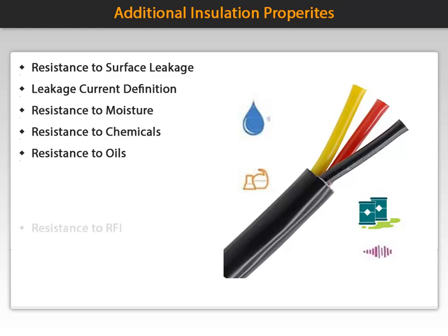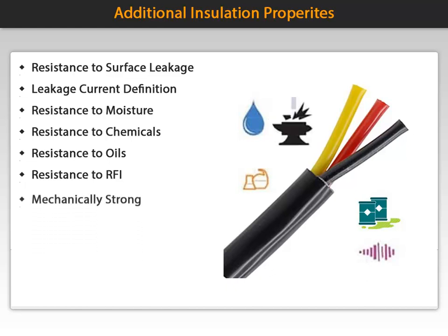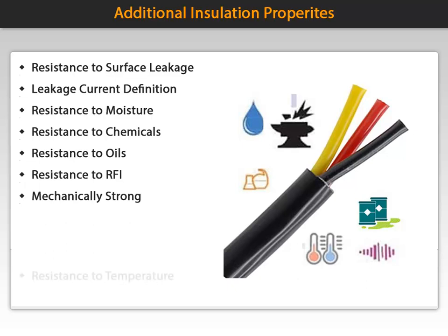More electronic devices are being used today, so some concern should be considered for insulation that is resistant to RFI, or radio frequency interference. Mechanical properties are another consideration, such as vibration or other stresses. And lastly, temperature in the environment needs to be appraised when choosing insulation.